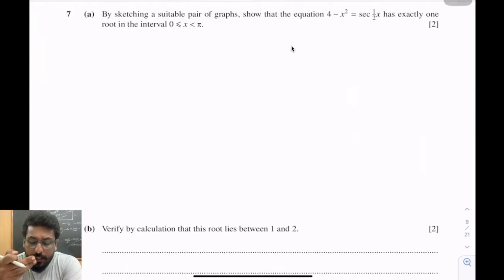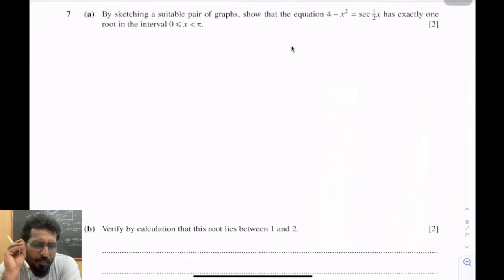So you want to show that the equation 4 minus x square and sec of half x has exactly one root. These are my two equations, isn't it? So 4 minus x square becomes my one equation, and sec of half x becomes my second equation. These two equations are equated with each other.